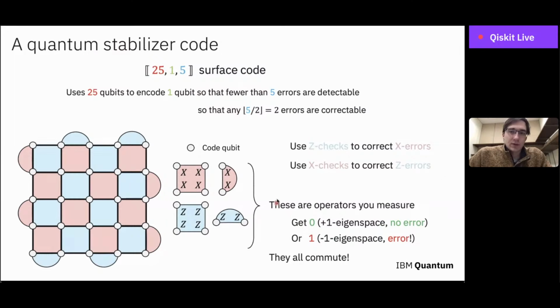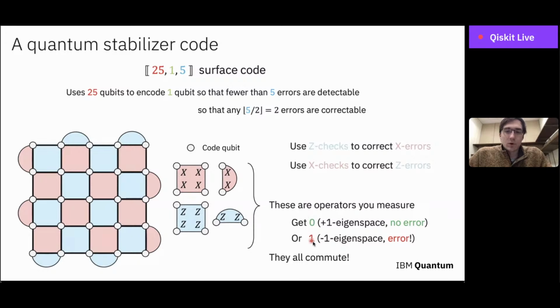So essentially, the parity checks are operators that you measure, and we'll show later circuits on how you actually measure these. But when you get 0, that indicates no error, that you're in the code space.